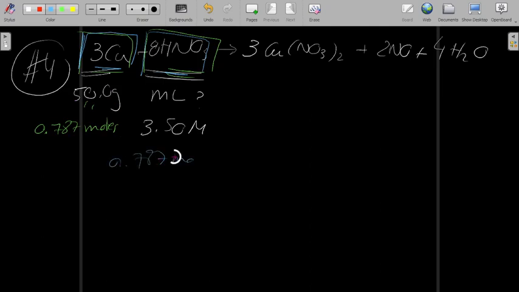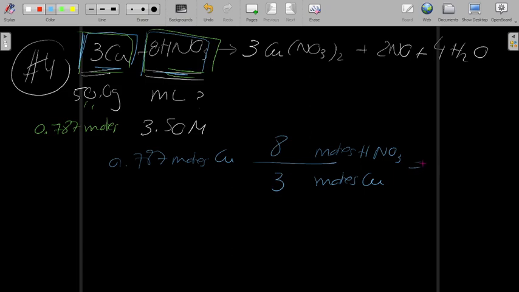0.787 moles of copper. I don't want moles of copper. I want moles of that acid. According to my reaction here, my recipe, 3 to 8. That's how they are related to one another.